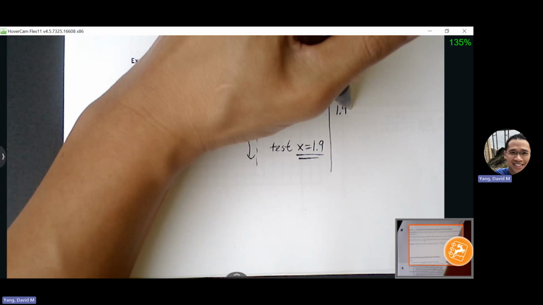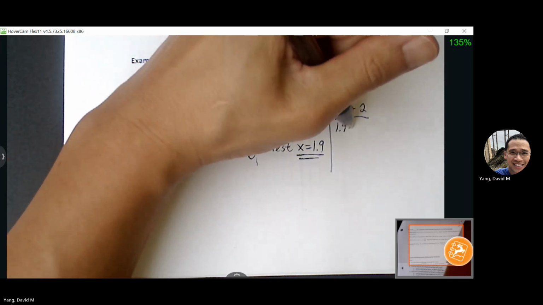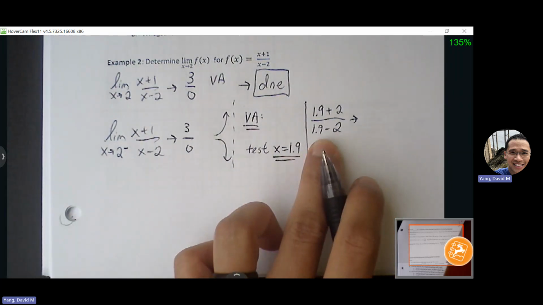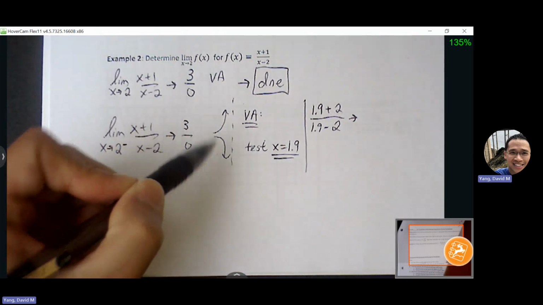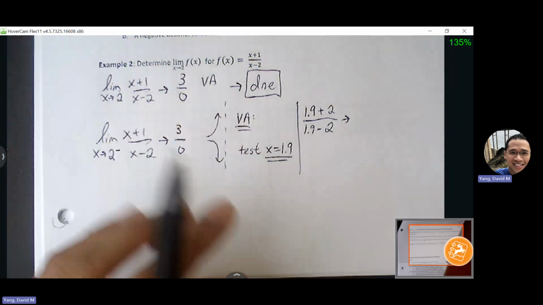I'll show you why. We don't have to worry about what this value is equal to. I just want to know what the signs of the numerator and denominator are, so I can conclude between these 2 options. So don't feel like you have to divide by a fraction and do all this calculation. You really don't. You just have to tell me whether it's positive or negative.